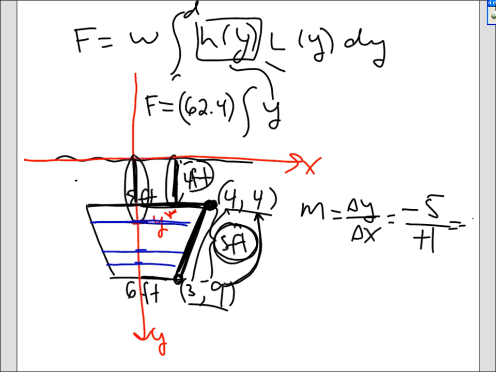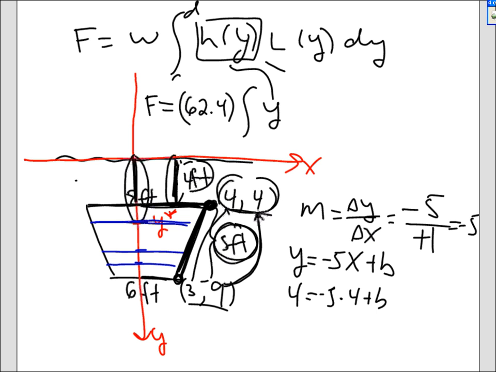That is, the slope is negative 5. So y is equal to m, which I now know, times x plus b. I need to find b. I'll use the point 4, 4. When y is 4, x is also 4. So 4 is negative 20 plus some number. The number is 24.